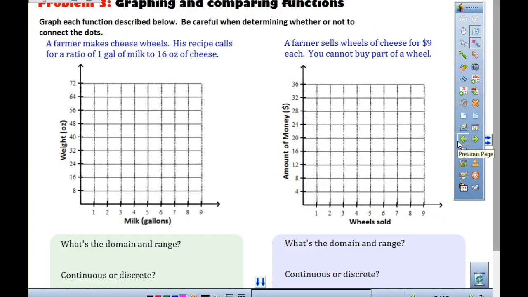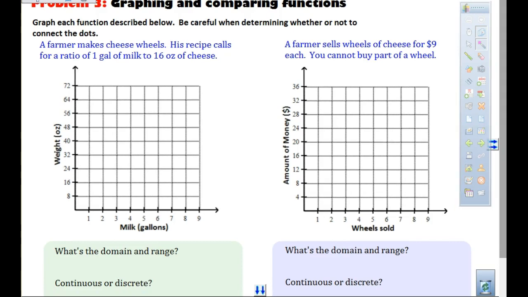So we're going to look at these situations, right? Okay, so we want to think about what does that graph look like. We know 1 gallon of milk, his recipe calls for 16 ounces. So at 1 gallon, the weight of ours is going to be 16 ounces. At 2 gallons, we are at 32.